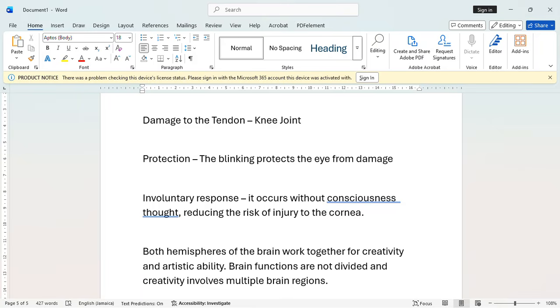In fact, different parts of your brain, multiple parts, will help in terms of the regions to allow that creativity.